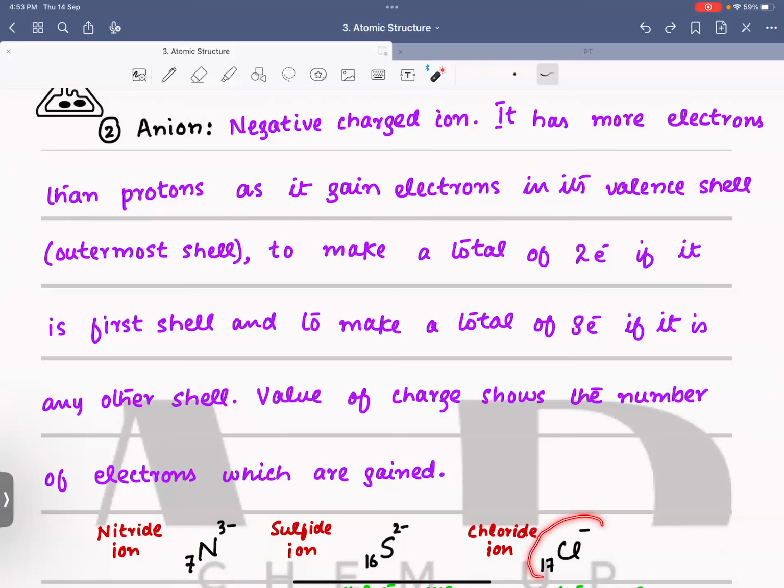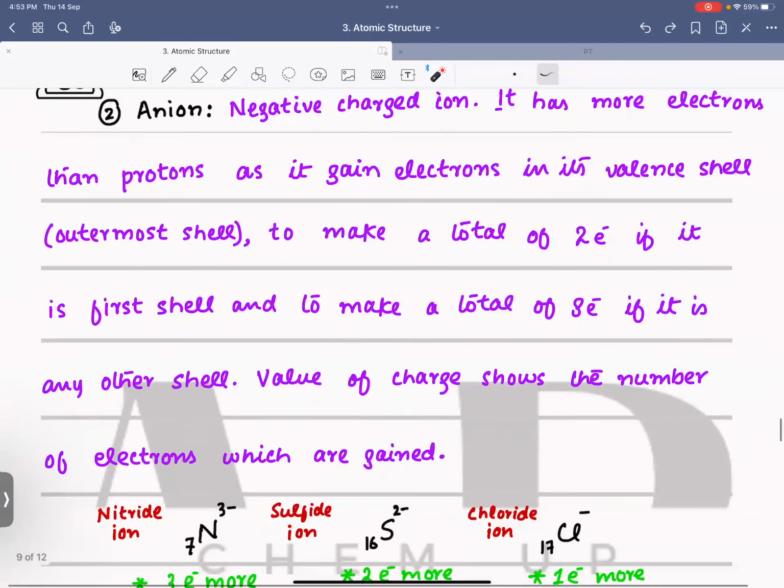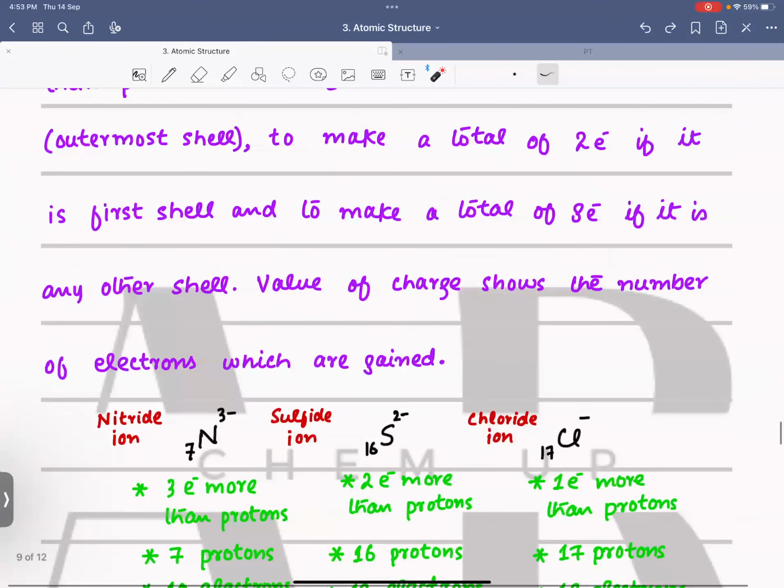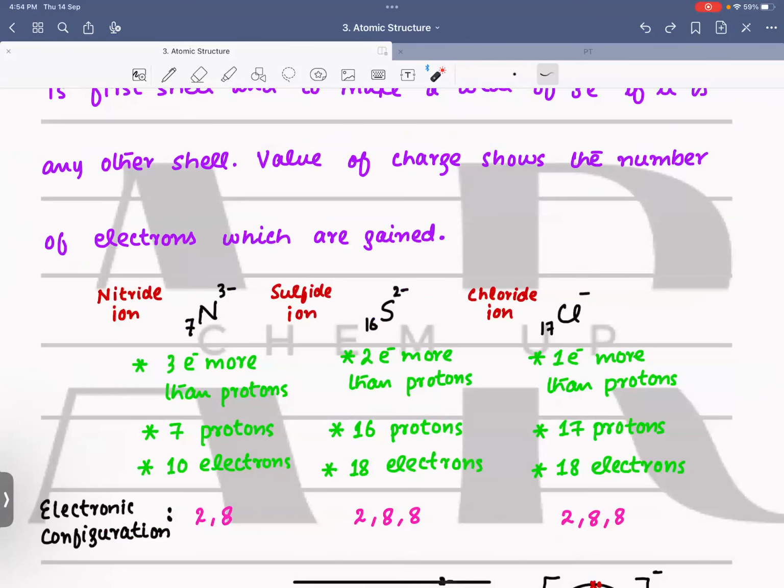And here, how many electrons are there? 18. And protons are 17. Is this clear? Yes. Okay. So from the value of the negative charge, we got to know how many more electrons it had.